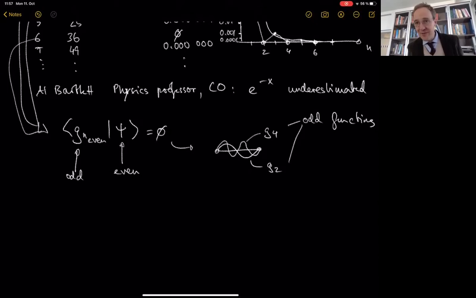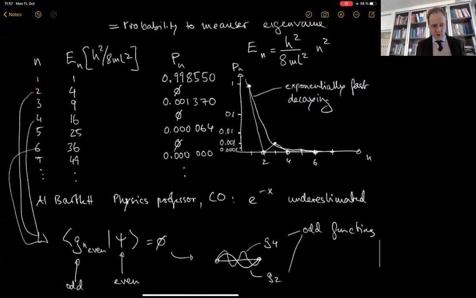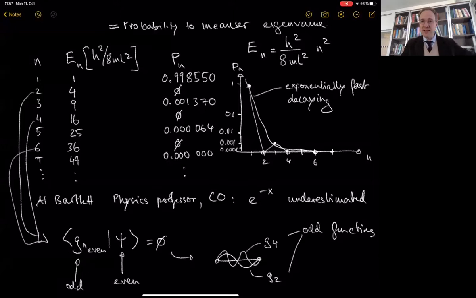We didn't have to calculate those elements. Just by looking at the solution of your eigenfunctions and the psi I gave you, you can infer that all probabilities for your even quantum numbers to be measured are 0. You will never measure them.